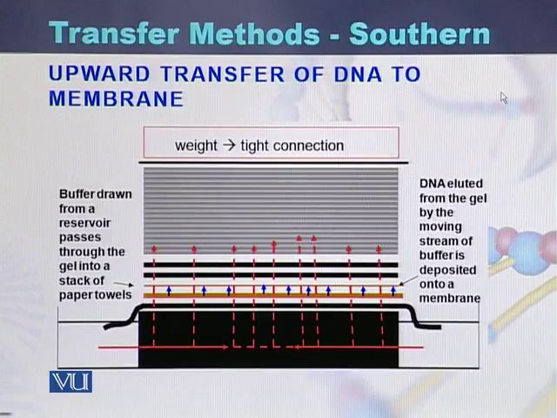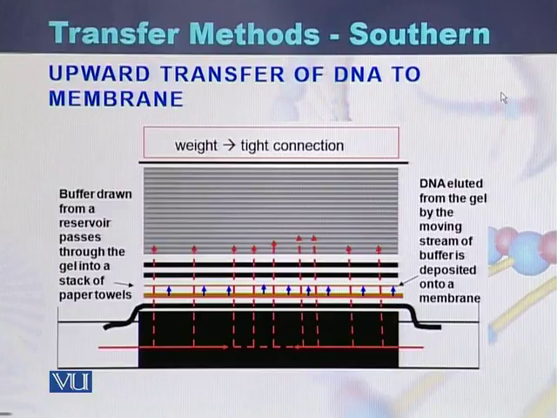The buffer will move upward. We can see here with red arrows and blue arrows that the bands from the gel will be transferred to the membrane. So this type of transfer of DNA from gel to the membrane is called upward transfer.